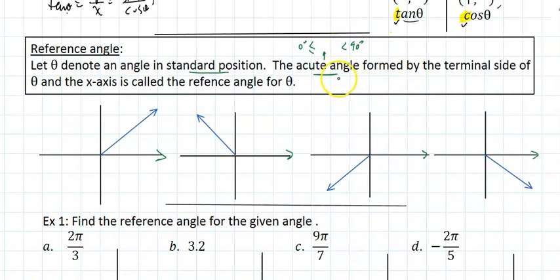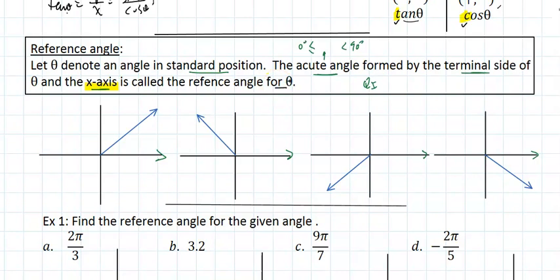Actually, if I really want to tie it down, I would always think of quadrant 1, where everything's positive. So the acute angle formed by the terminal side and the x-axis, always the x-axis, we never ever go to the y, is called the reference angle of theta.